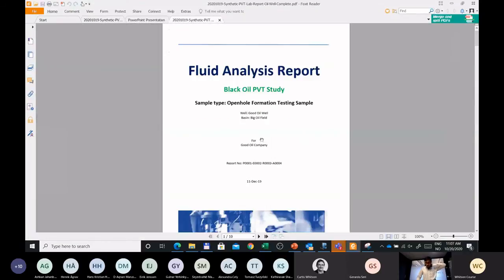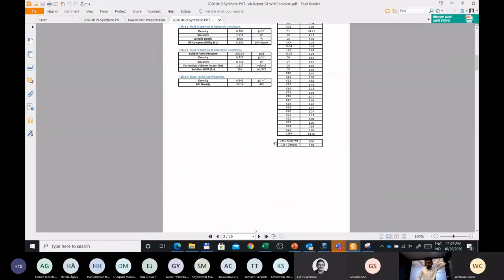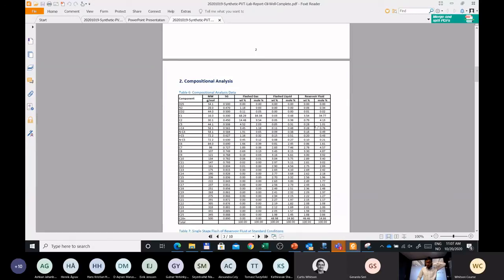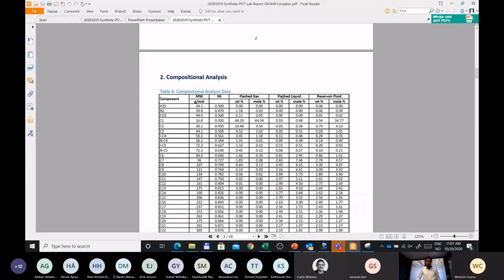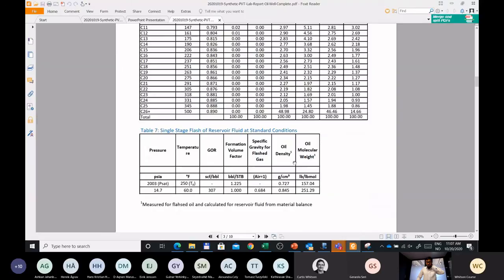So now this oil sample, this is a black oil PVT study, and this is a bottom hole sample. So we should not expect any separate oil samples, but we have the reservoir fluid that is flashed at standard conditions, because you collect the sample as a single phase. So you flash it from reservoir to surface conditions, flash liquid, flash gas, and we have the measured molecular weight and density, which is very different than the gas condensate, and it should be, because the gas condensate has a lower molecular weight, and the flash oil density is also lower.